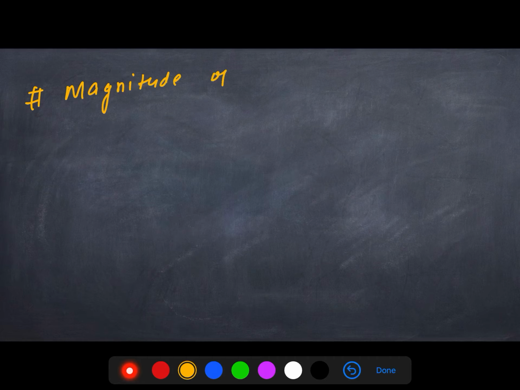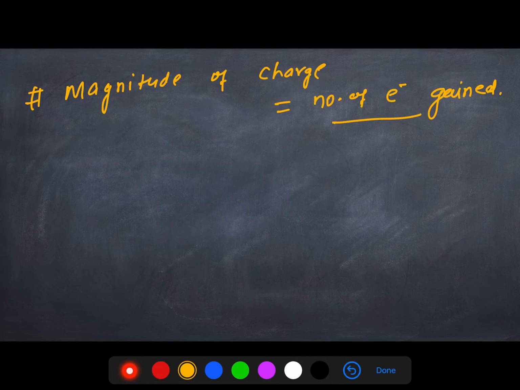So can we say that the magnitude of charge developed is equal to the number of electrons gained? However many electrons it has gained, that will be the magnitude of charge developed, right? Of course, if gained, it is a negative charge.